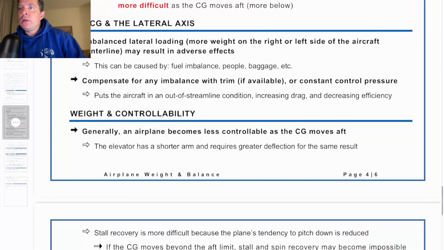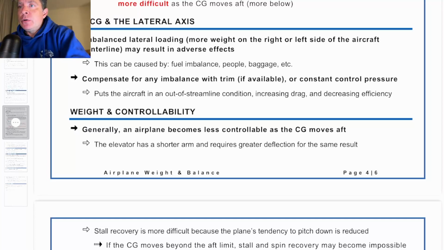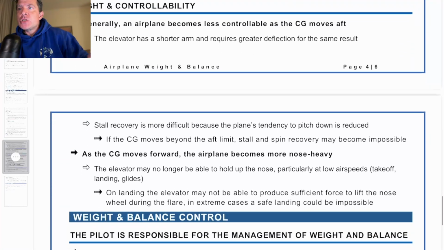Weight and controllability. Generally, an airplane becomes less controllable as the CG moves aft. The elevator has a shorter arm and requires greater deflection for the same result. Stall recovery is more difficult because the plane's tendency to pitch down is reduced.